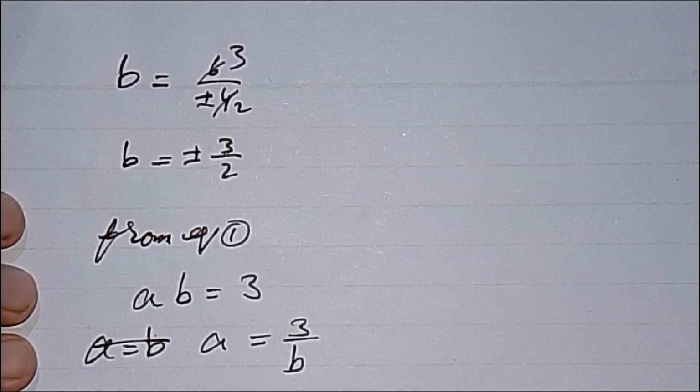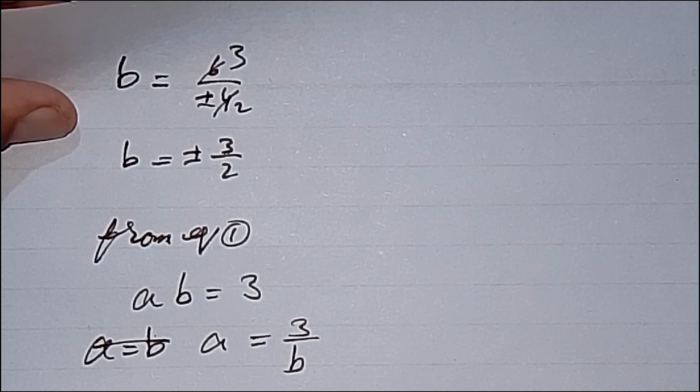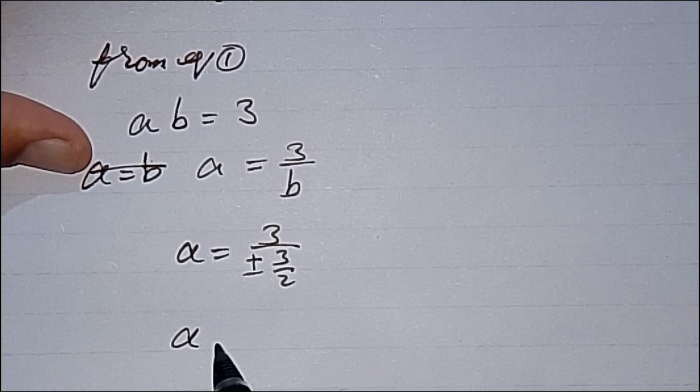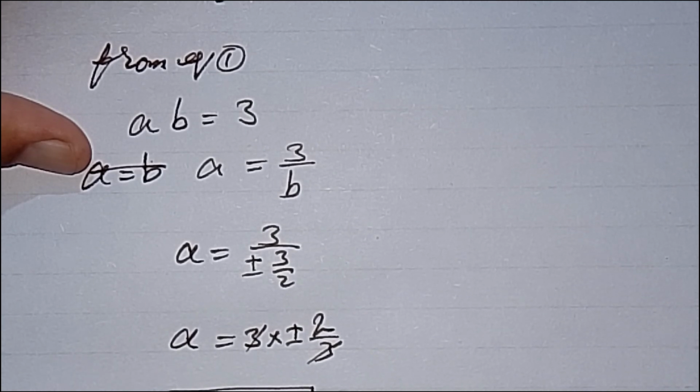Then a is equal to 3 over value of b, plus minus 3 by 2. Then a is equal to 3 into plus minus 2 by 3. 3 is cancelled with 3. a is equal to plus minus 2, which is our third answer.